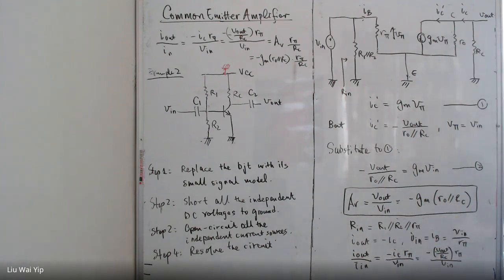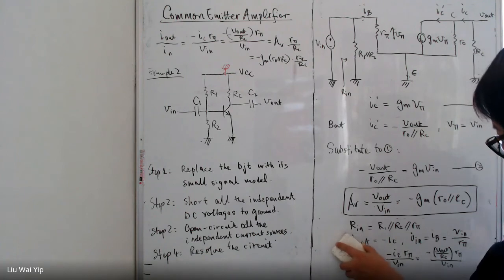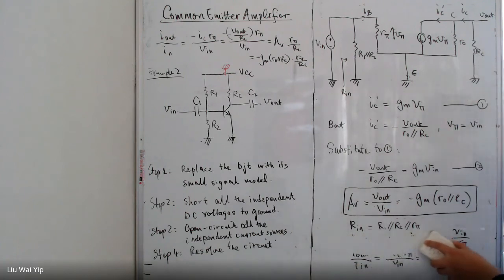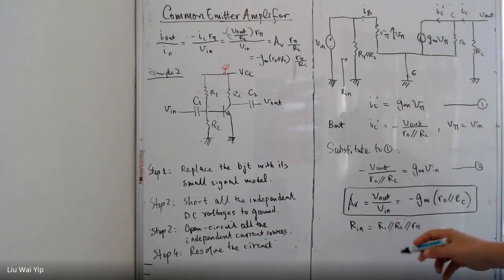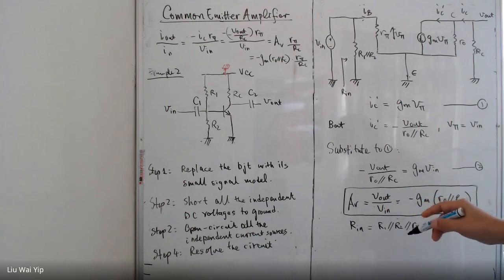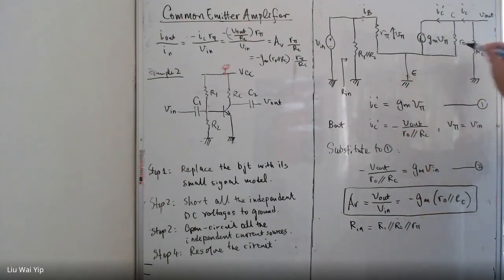Now, the next thing that you would be interested in is the current gain. I'm going to show you how to find the current gain here. We don't have enough space, so maybe we can write a few more lines here. Let's define I out here.